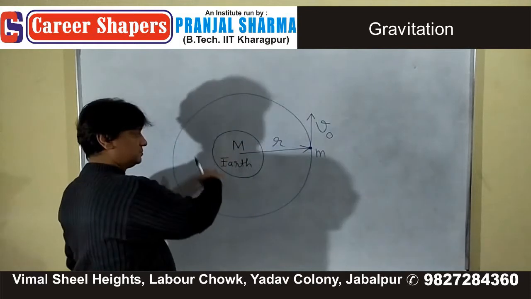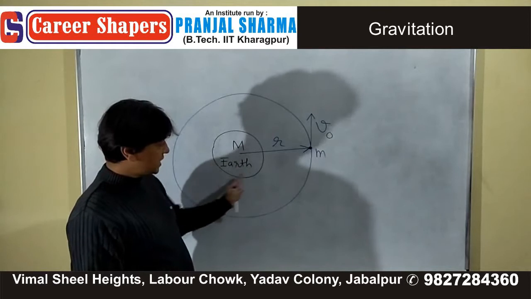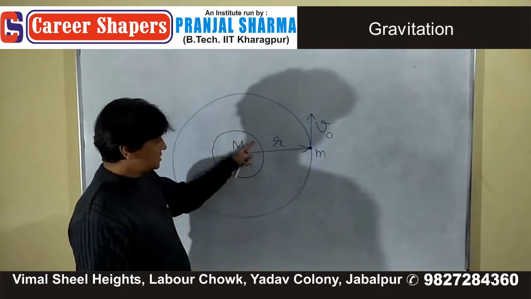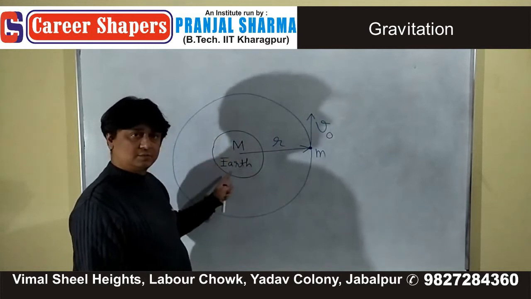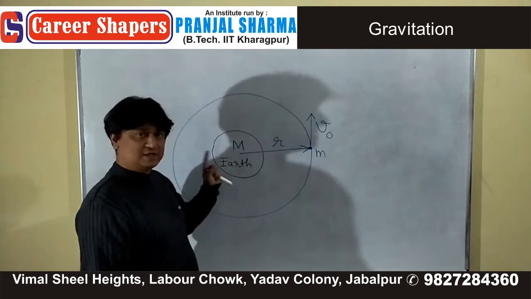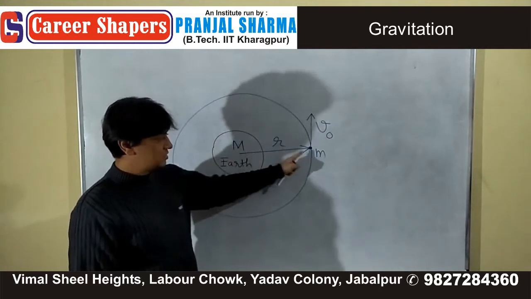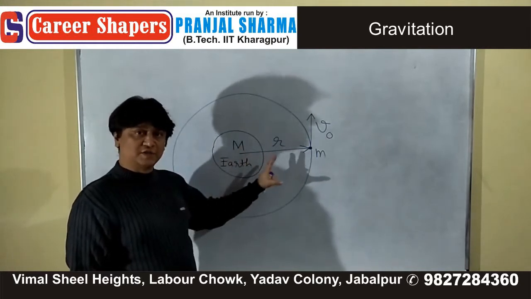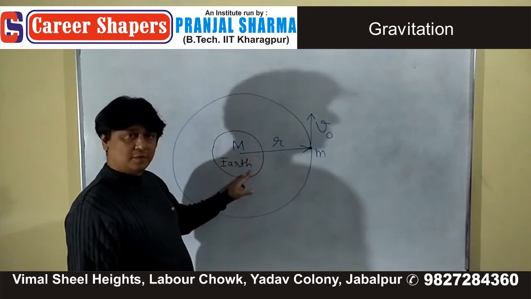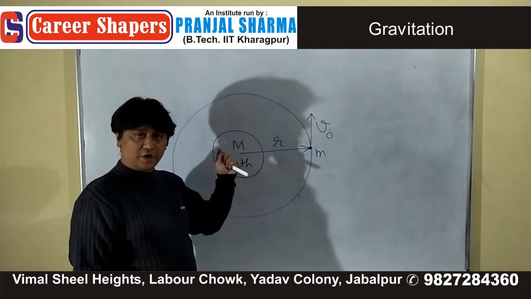Now this is Earth. If you have something which is outside of a solid sphere, then you can consider all its mass at the center as a point. Listen again. If something is kept outside of Earth or outside of a solid sphere, then you can consider all its mass at the center as a point.